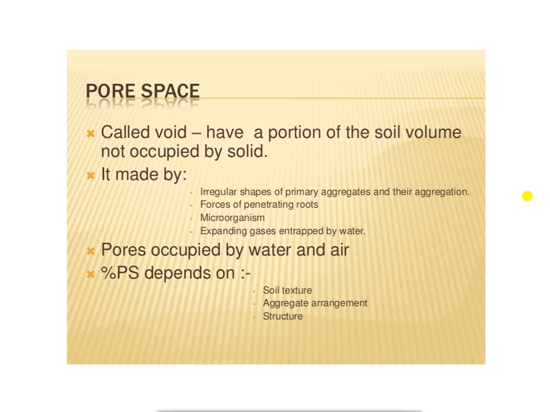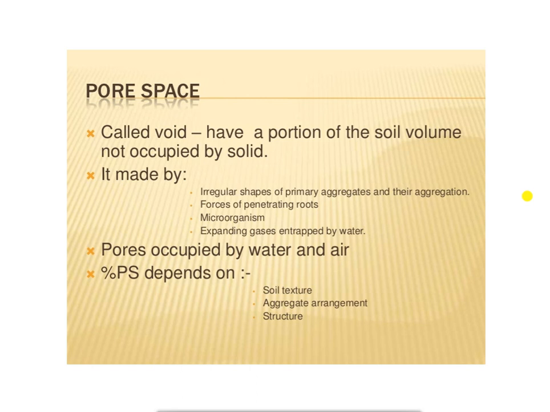What do you mean by pore space? It is also called a void, the portion of soil volume which is not occupied by a solid portion. The pores are mostly occupied by soil air and soil water.